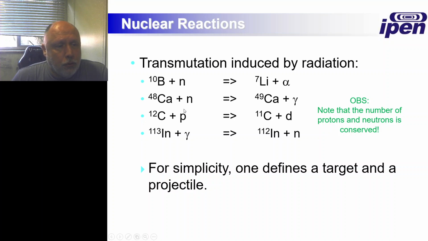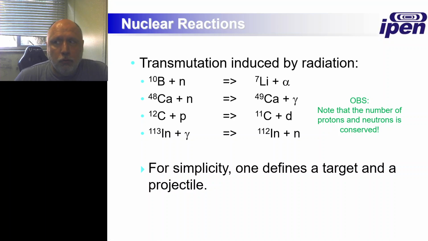You may have, for instance, carbon 12 interacting with a proton, producing carbon 11 and a deuteron. And here there's an important note. For all nuclei, we used the regular notation: carbon 11, carbon 12, calcium 48, calcium 49, and so on. But this is not true for hydrogen.